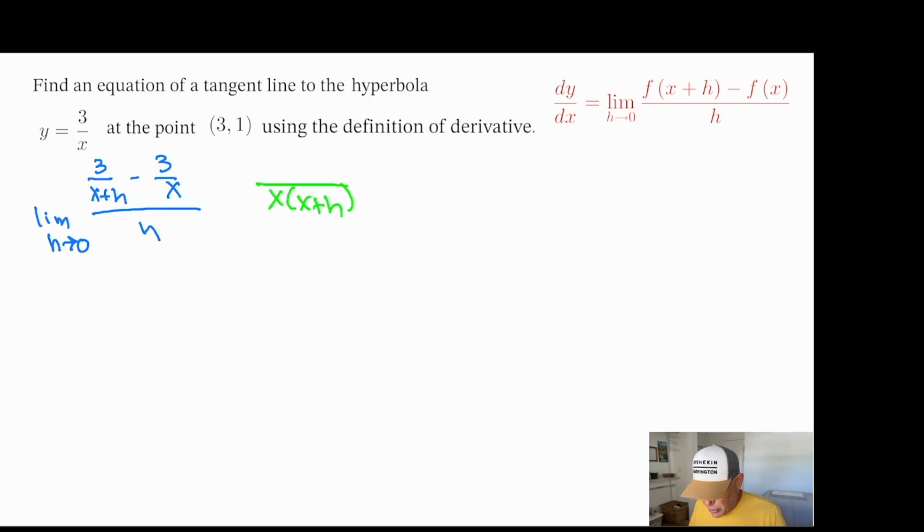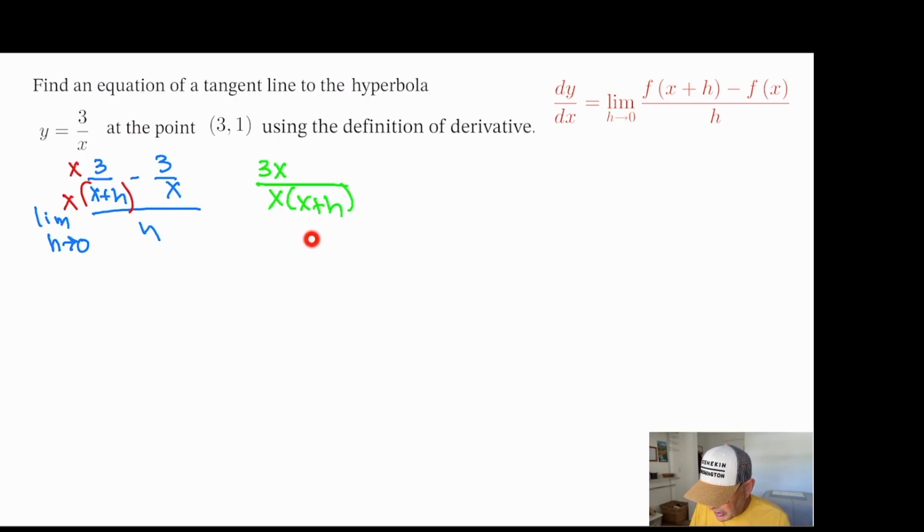Okay, so if you look here, for this denominator to be common, I need to multiply by x. If I multiply the bottom by x, I need to multiply the top by x. So we have 3x on top. Okay, moving to the next denominator, we have x.